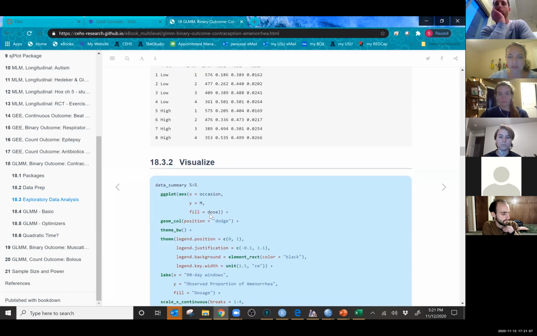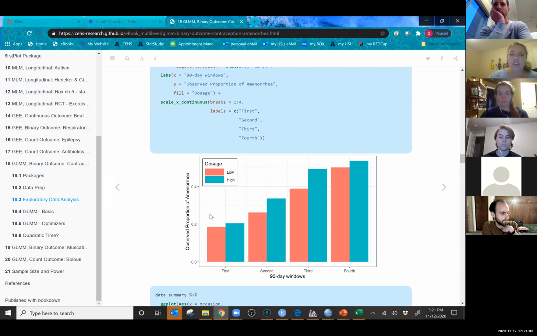So let's do some visualization. Visualizations are a little harder when you have binary 2-level outcomes. You can't do a traditional spaghetti plot because everyone would be at 0 or at 1, and you just have lines connecting 0s and 1s. So a better visualization is looking at the percentages at the different times.